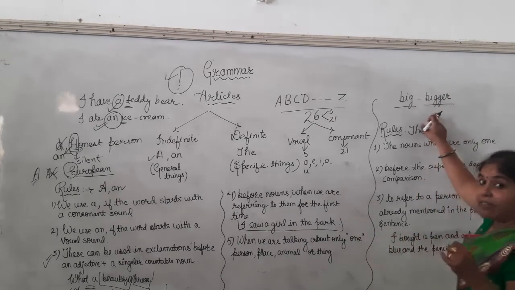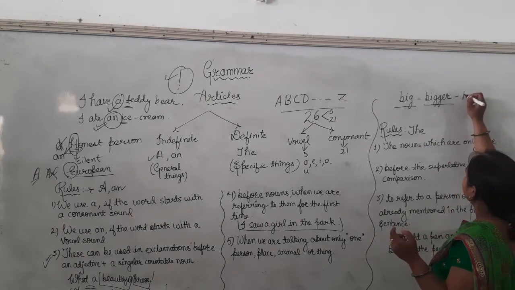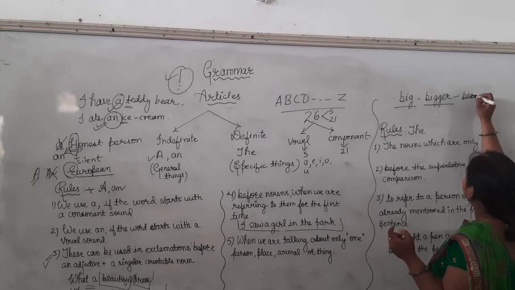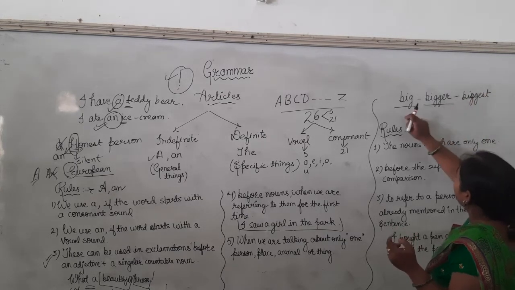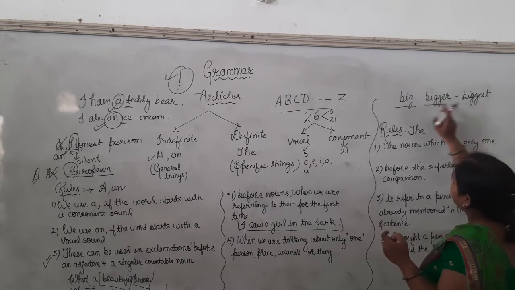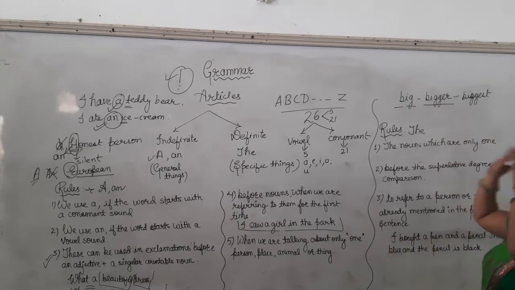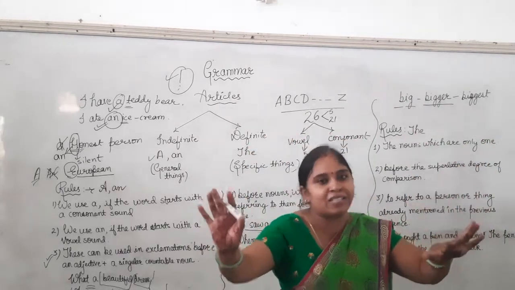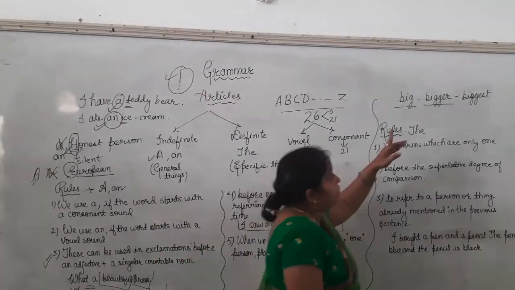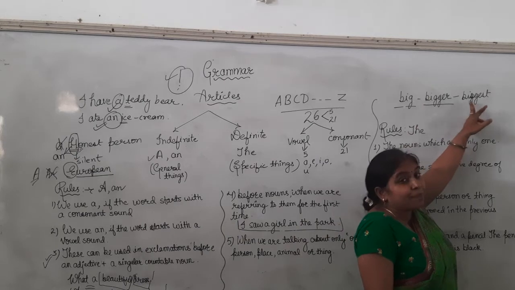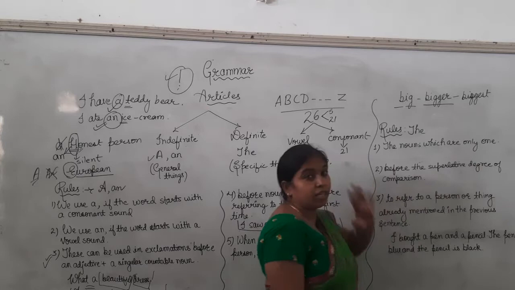This is the comparative degree of comparison, and the superlative is biggest. B-I-G-G-E-S-T, biggest. Big, bigger, biggest. This is the positive degree, this is the comparative degree, and biggest means that is the biggest one. There is no comparison. So before this third degree, the superlative degree of comparison, we use the article "the".